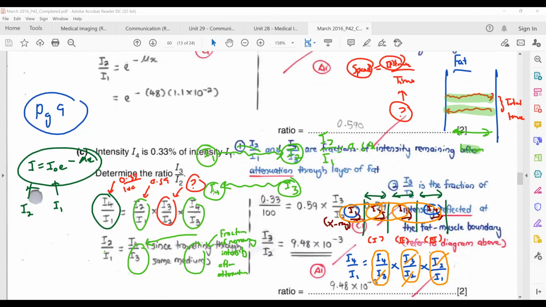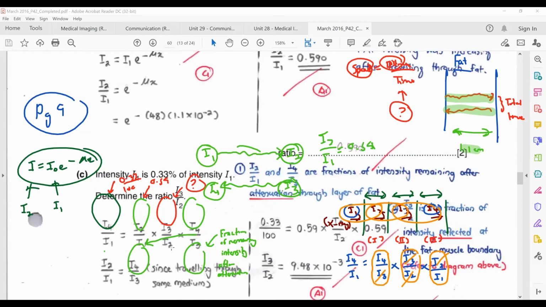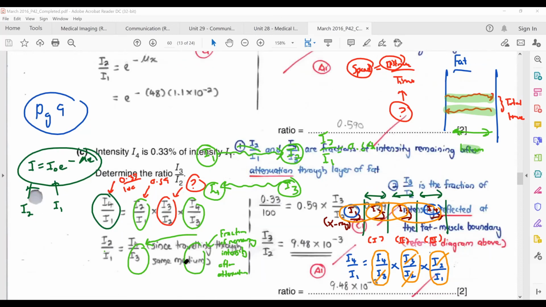So that one here, I told you, is the fraction of intensity remaining. This one here is the fraction of remaining intensity. Now I3 over I2, you can actually deduce what it is also. This one will be useful in your next question.